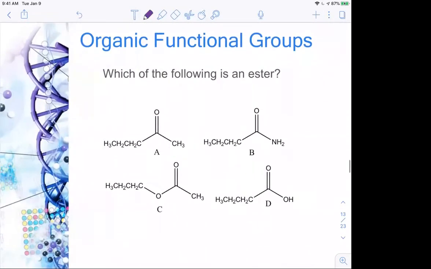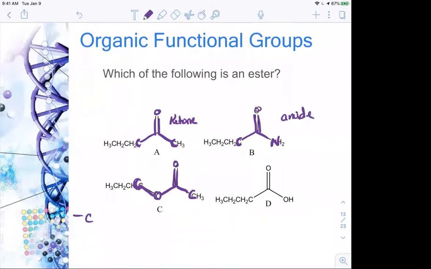Right, which of the following is an ester? Let's look. Carbon, carbonyl, carbon, that's a ketone. Carbon, carbonyl, nitrogen, that's an amide. Oxygen, carbonyl, carbon, where this oxygen is attached to another carbon.